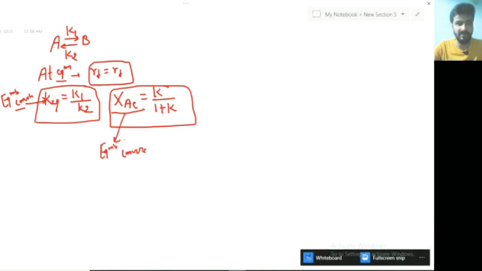Now understand one thing. If in this reaction the forward reaction is exothermic, then the backward reaction must be endothermic, my dear student. It must be an endothermic reaction, that you need to remember.